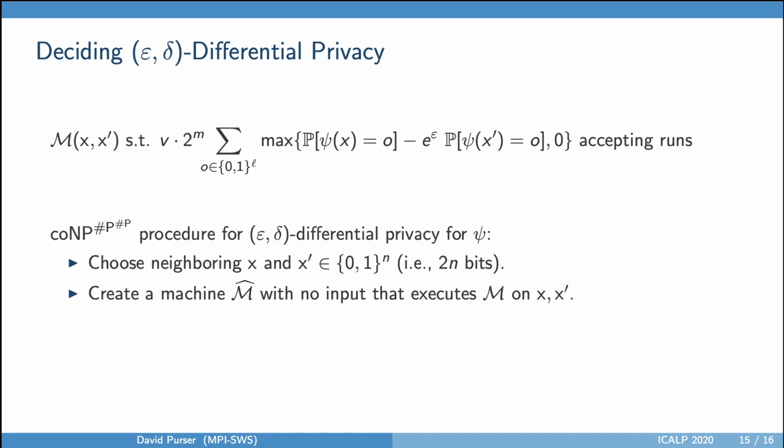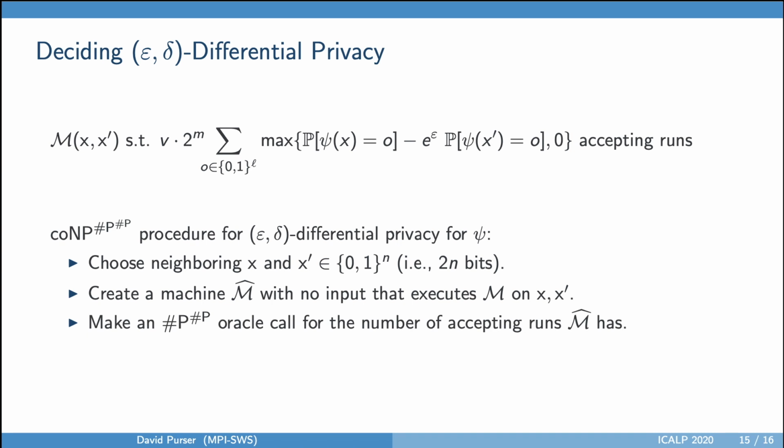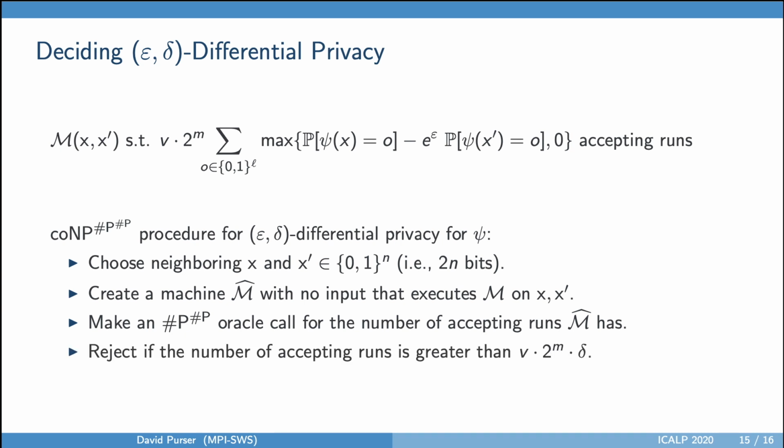This new machine, M hat, has no inputs. Since M is a non-deterministic polynomial time procedure with access to a sharp-p oracle, asking how many runs it has is complexity sharp-p with a sharp-p oracle. We therefore ask how many runs M hat has, and compare this with v times 2 to the m times delta. The circuit is differentially private if all runs accept. If any one run rejects, then it is not a differentially private circuit. As we require all of the runs to accept, this is a coNP procedure.